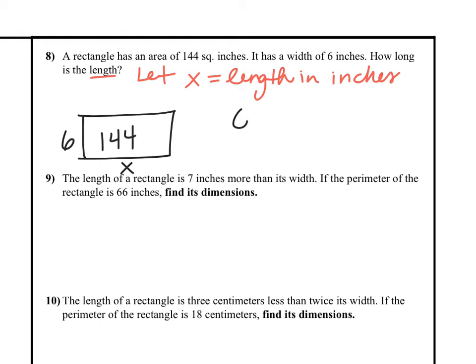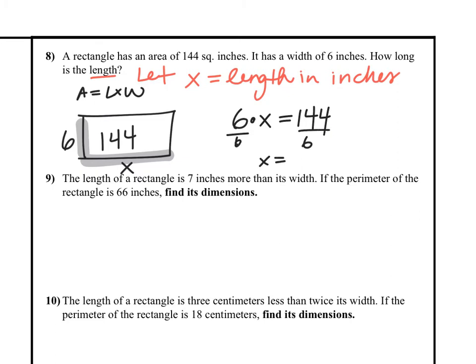So 6, that's this side, times x, this side, equals my area. Because area is length times width. Divide by 6, and you should know that your length is 24. So, final answer, the length is 24 inches.